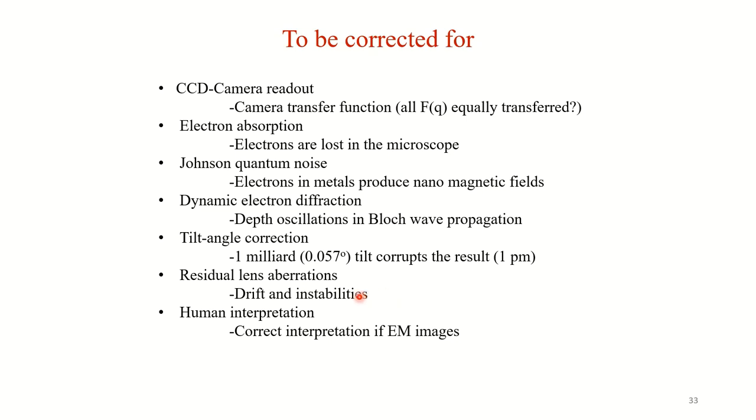You should be able to interpret those images correctly, because unlike a light microscope, where you're just seeing the shadow image of your sample, whether you have bacteria or amoeba, whatever you have. Basically, what you're seeing is the shadow image of your sample. But in electron microscopy, it's not a shadow image.